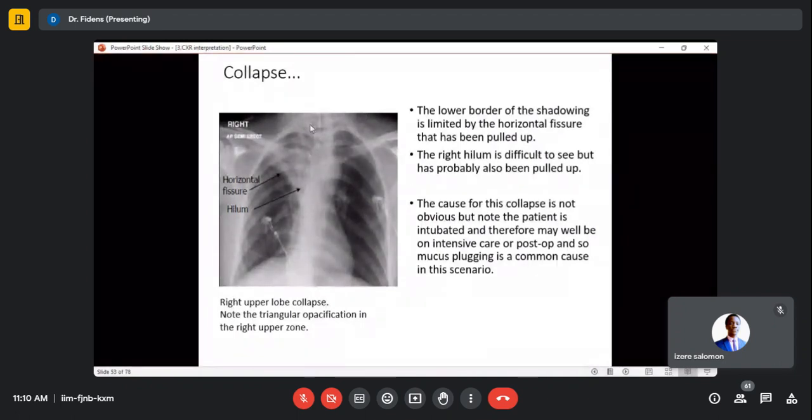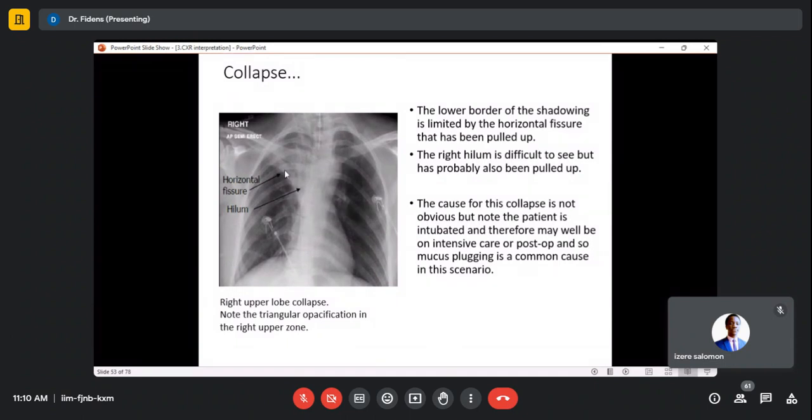Immediately when I see this, I see that there is opacity here. It's not clear. Remember how we compare the zones. This part, the right upper lobe, is opacified. That's one. Number two, I can see some air bronchograms, as if it is airspace opacity.